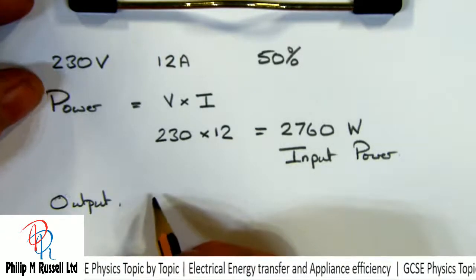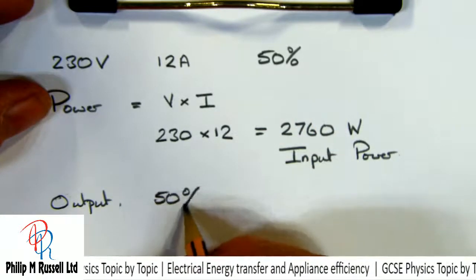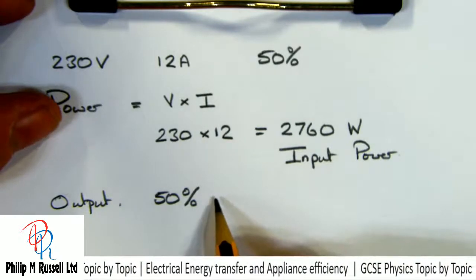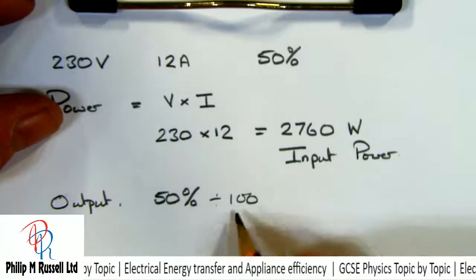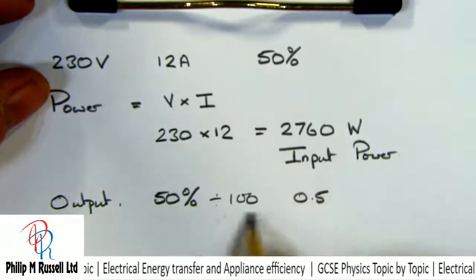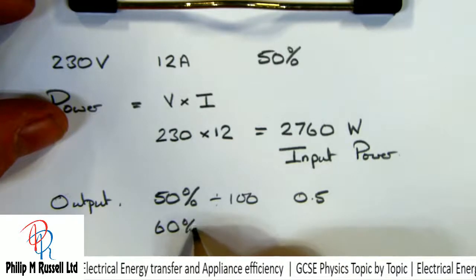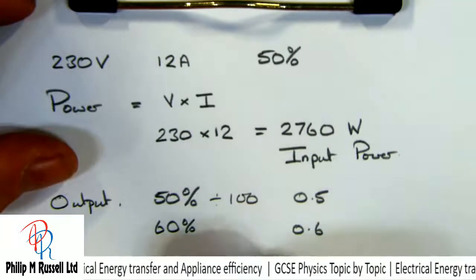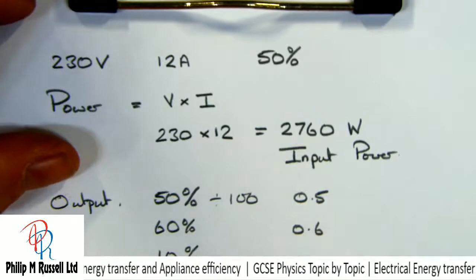is simply going to be 50% here. We could have chosen any number here. I've chosen 50%, and it's going to be that divided by 100%, so it's only going to be, in this case, a half, which I'm sure you could work out. Had I chosen something like 60%, then we would times this by 0.6, and if it was only 10%, then we times it by 0.1.